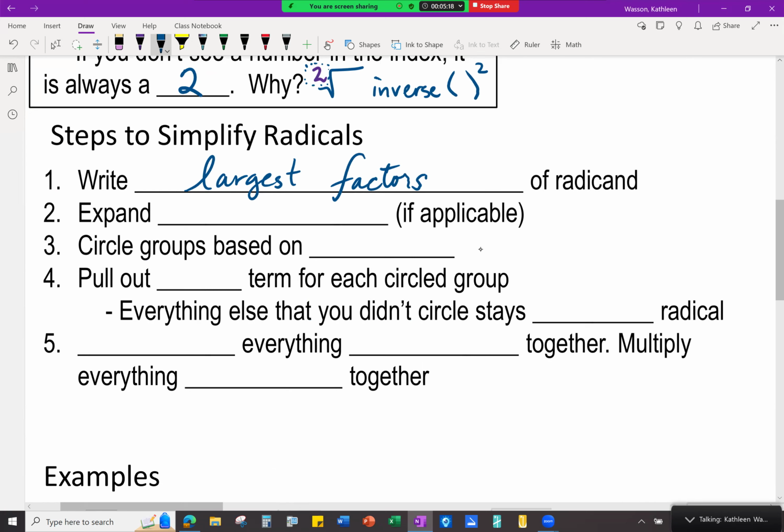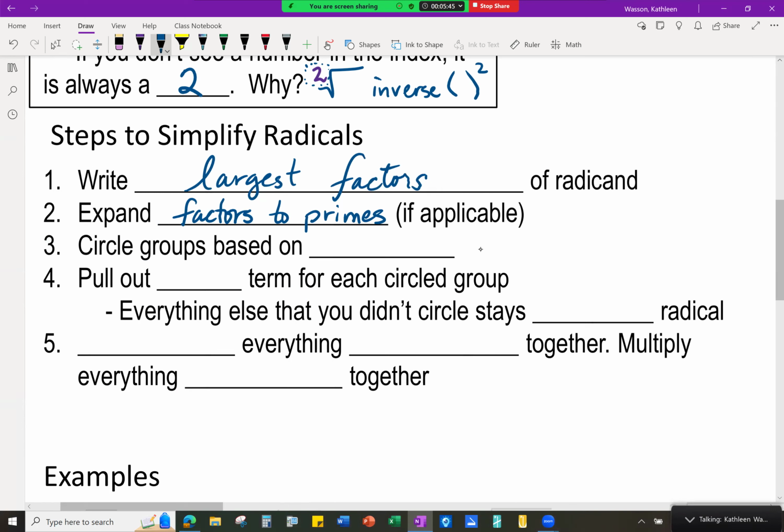So break it down into big chunks. When we're factoring, we say we're expanding. Expand to primes if applicable. So that's like the factor trees we just drew.